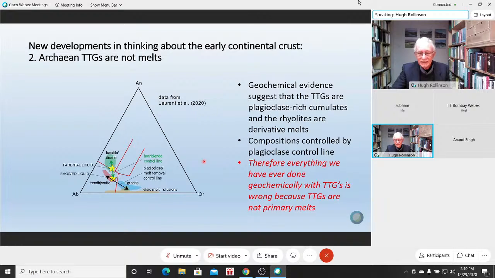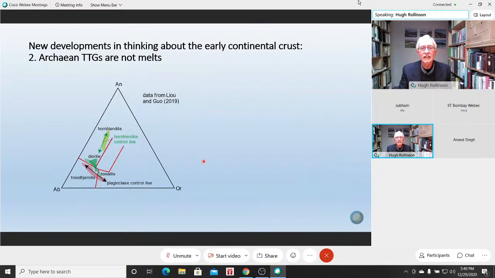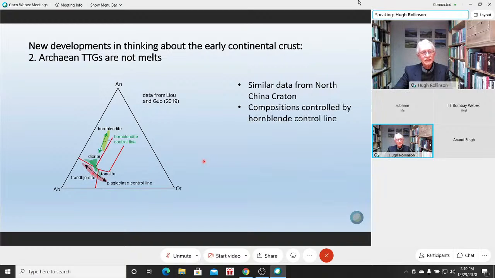Now, interestingly, last year, some Chinese authors, Liu and Gao, produced a very similar argument, but based it on a different line of reasoning. Their data was from the North China Craton, and they suggested that TTG compositions were also controlled by a hornblende or hornblendite control line, so that in their example, compositions are spread in this part of the diagram.